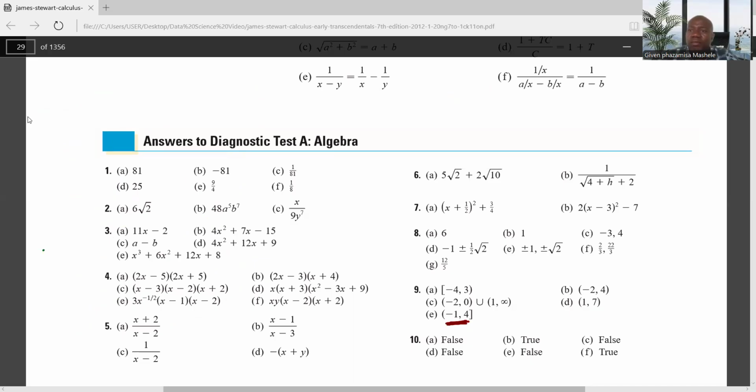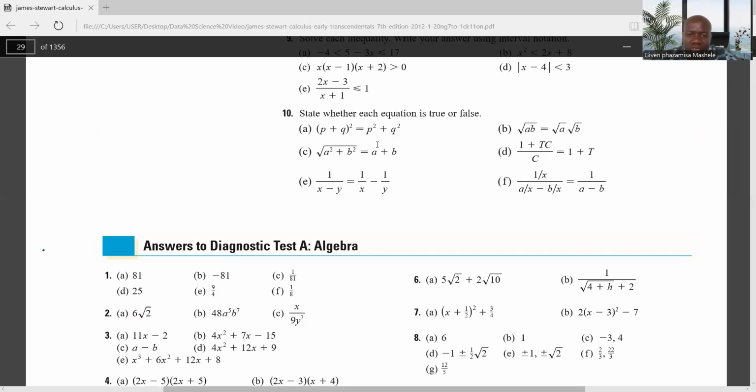And again, guys, this one is just saying you need to prove whether these two things are false or true. For example, number A is not true, because if you expand (p plus q) all squared, this will give you p squared plus 2pq plus q squared.